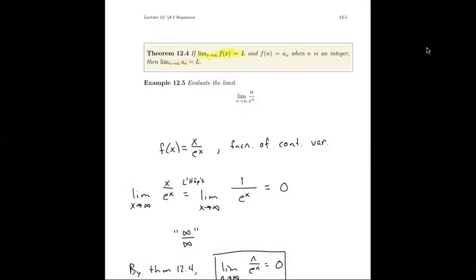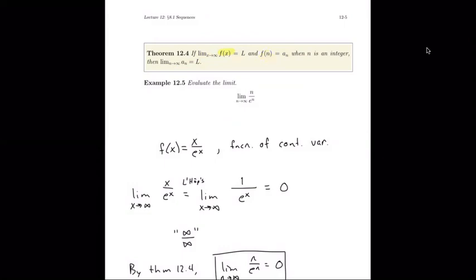However, a sub n only takes on integer values. So f of n is 1, 2, 3, and 4. So of course, f of x, being a function of the continuous variable, is going to include the f of n's that show up when n is 1, 2, 3, and so on.